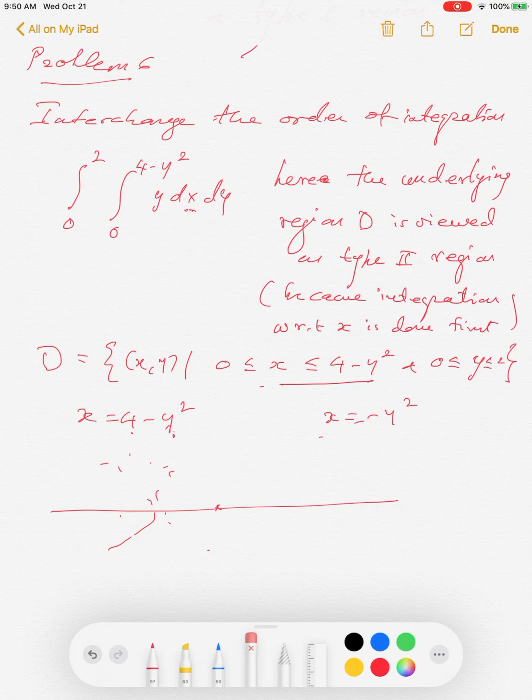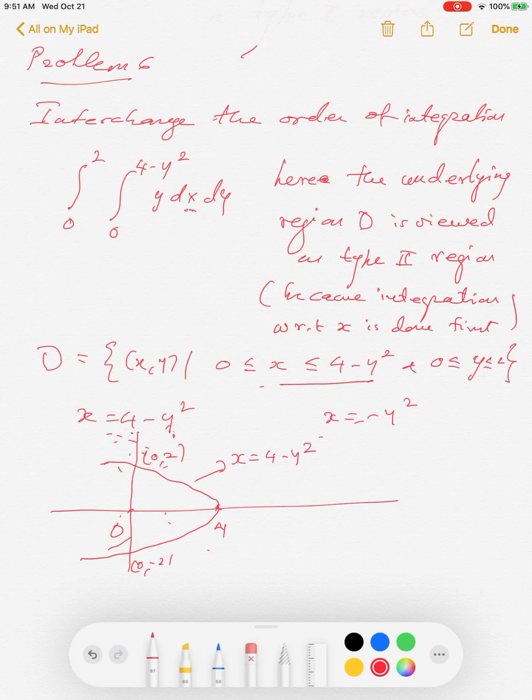So let me erase and draw a better picture. So this is our curve. This point is 4, and when y is 0, x is plus minus 2. This is (0, 2), this is (0, minus 2). So this is the curve x equal to 4 minus y square.